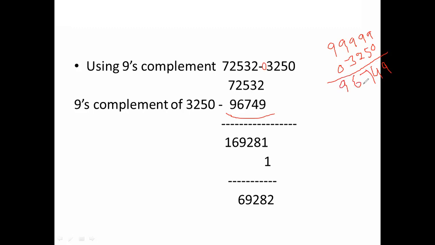What is the value? 96,749. Are you getting the same here? In this way, we calculate the nines complement of 3,250 and add these two numbers.